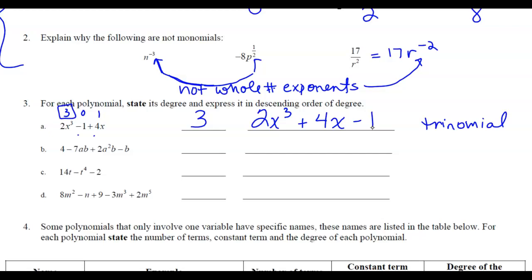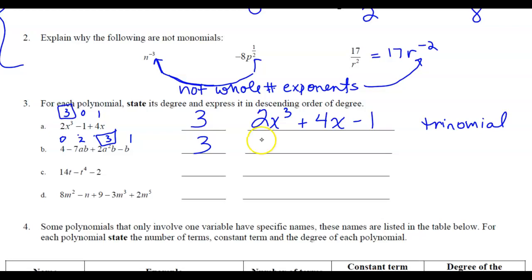Next one, 4 terms. So there's no special name for that. This is degree 0. This is degree 2. This is degree 3 and degree 1. Biggest degree wins. Okay.